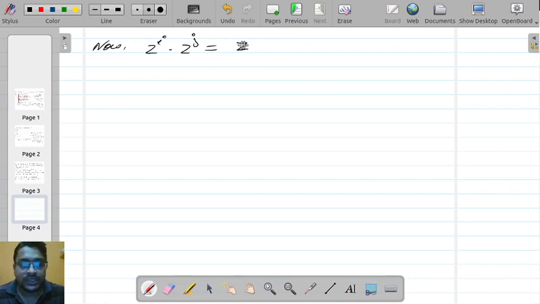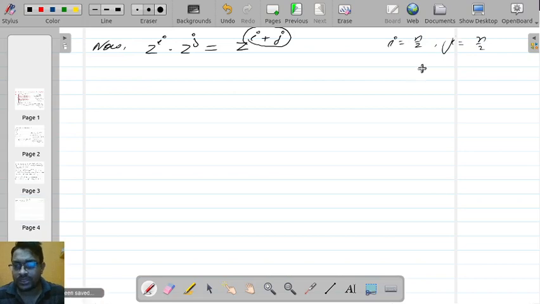But what is z to the power i into z to the power j? It is actually z to the power i plus j. But from here directly I cannot say that it belongs to G, because i plus j may be greater than n also. If i is something like n by 2 and j is something like n by 2 plus 1, or n by 2 itself, then i plus j is exactly equal to n.